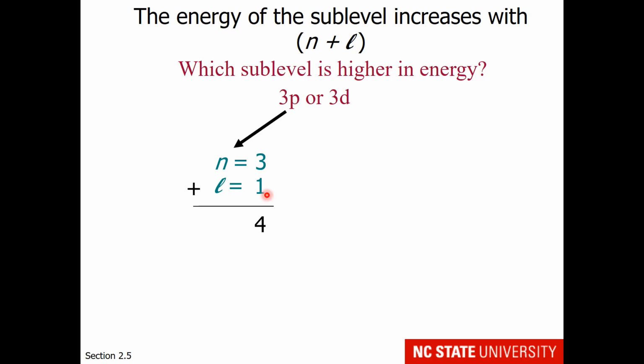P means that L corresponds to 1, so that would be 4. For 3D, n corresponds to 3. D corresponds to an L equal 2 value, so that would be 5. Clearly, 5 is greater than 4. So the 3D sublevel would be higher in energy and have an electron cloud, which allows the electron to be further away from the nucleus.